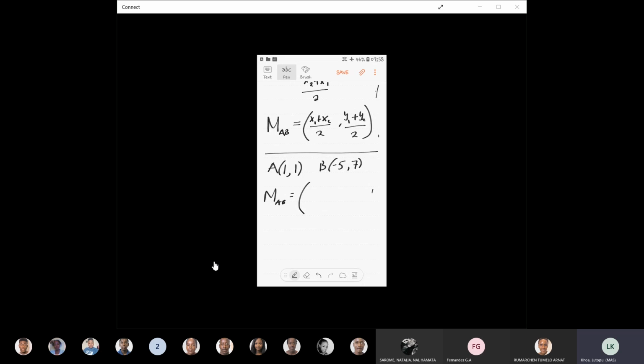So I say 1 plus -5, divided by 2, and then 1 plus 7, divided by 2. 1 plus -5 divided by 2 gives me -2, because 1 plus -5 is the same as 1 minus 5, which is -4, and -4 divided by 2 is -2.